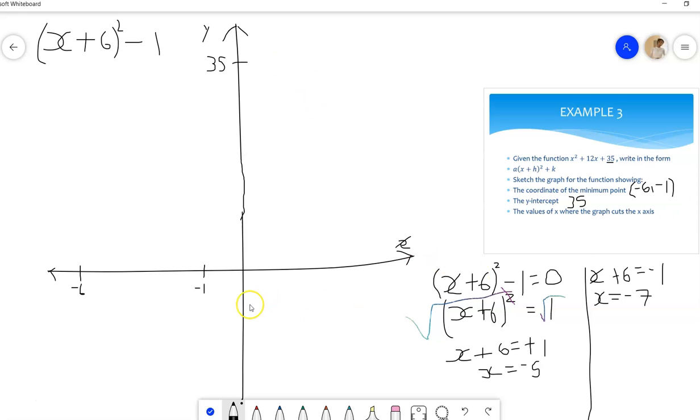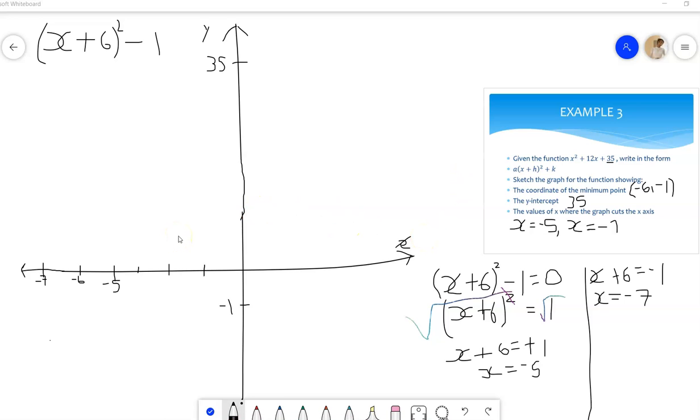We need negative 1 on the y-axis, and we don't necessarily need it on the x-axis. But we need negative 6, negative 5, and negative 7. So we've put in all the values that we need.